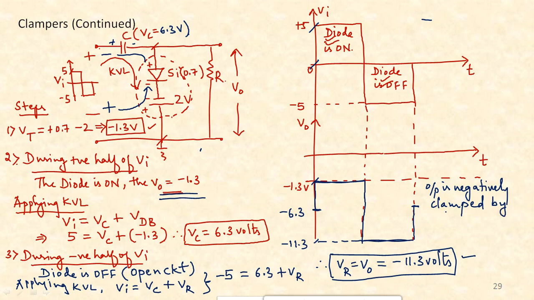So is it not that the output is negatively clamped by minus 6.3 volts? Hope I am correct. So that's the amount by which the output signal has got negatively clamped.